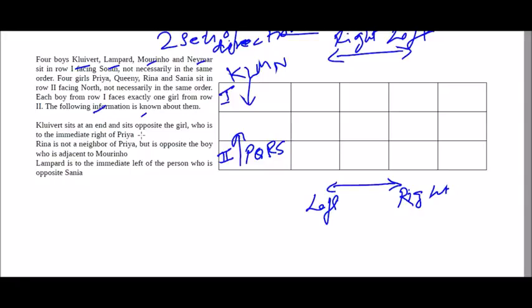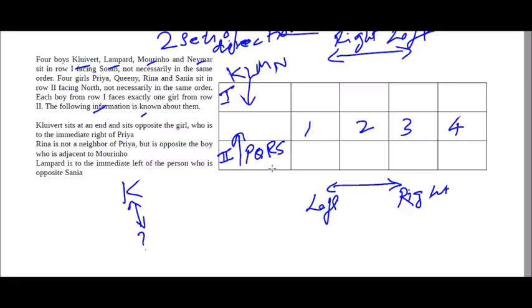Kluivert sits at an end. So Kluivert, let me mark these positions 1, 2, 3 and 4. Kluivert sits at an end and sits opposite the girl who is to the immediate right of Priya. So if I were to put Kluivert here, he is opposite a girl, let's call this question mark, who is immediate right of Priya.